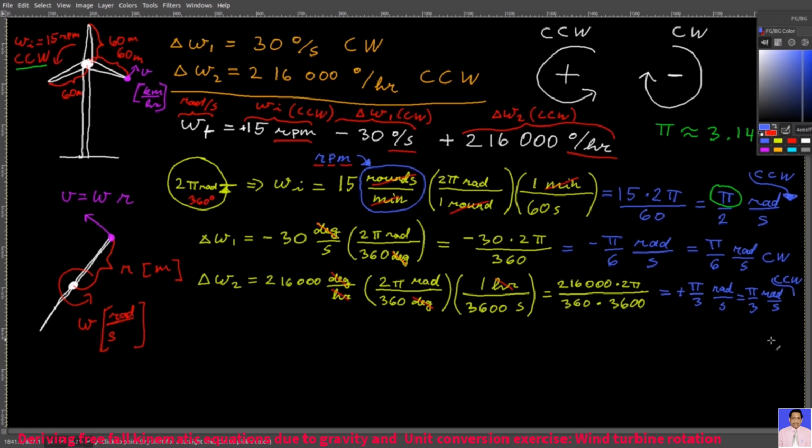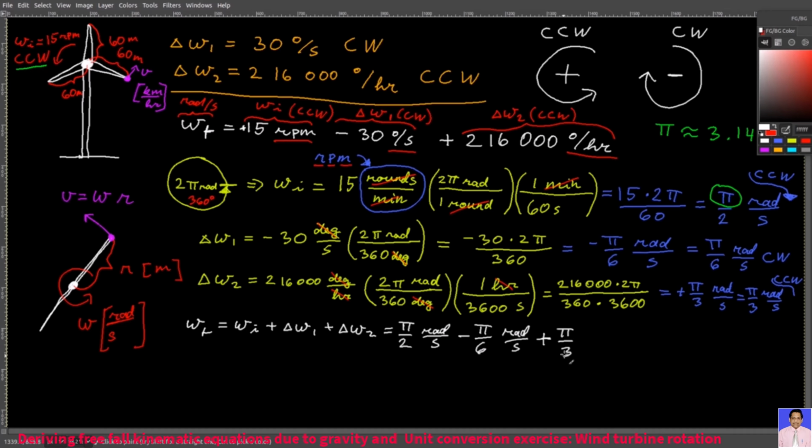Counterclockwise, like this. And now we can calculate the final angular velocity of the turbine. So omega f equals omega I plus delta omega 1 plus delta omega 2. That will be pi over 2 radians per second minus pi over 6 radians per second plus pi over 3 radians per second.